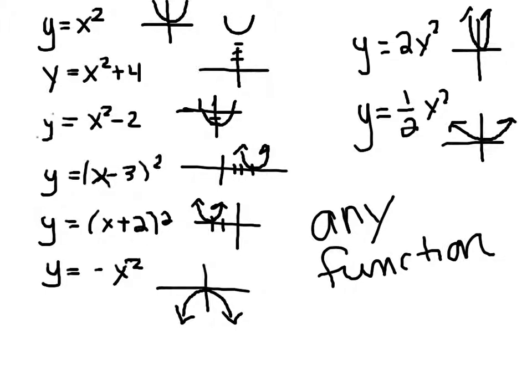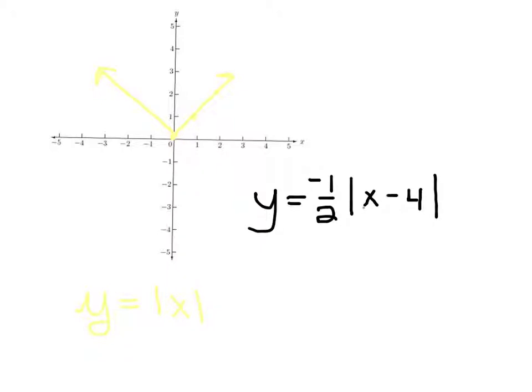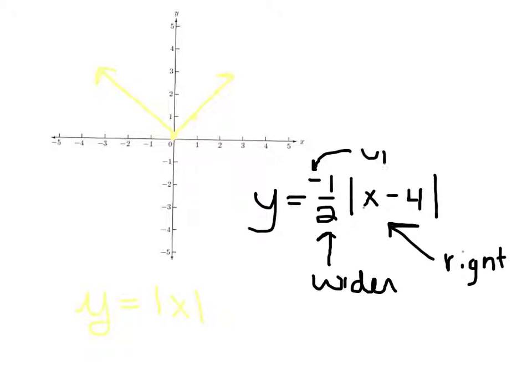One last example. Okay, so let's just say you had a base graph of y equals something crazy like the absolute value of x. So absolute value function is v-shaped. Let's say I did something crazy like took negative one half of the absolute value of x minus 4. That half would make it wider, and the 4 would move it to the right, and the negative would make it upside down.